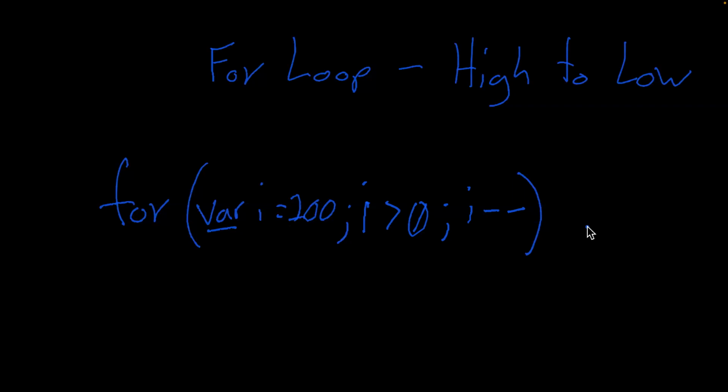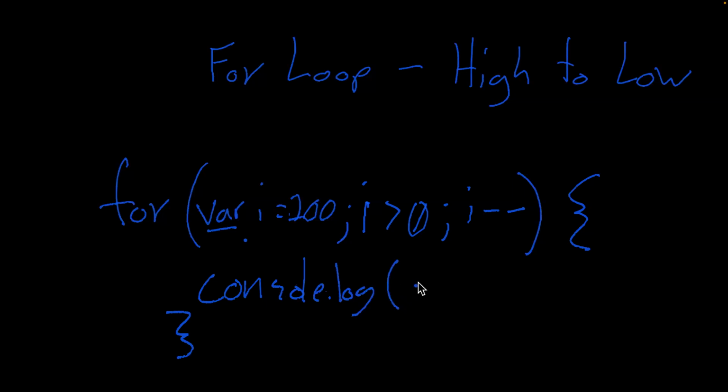Okay, so now what are we missing here on this for loop? Curly brackets. Okay, curly brackets. Open and close here. And then what did we say we wanted to do in the do something section? Console.log. Yes. Console.log I, right?